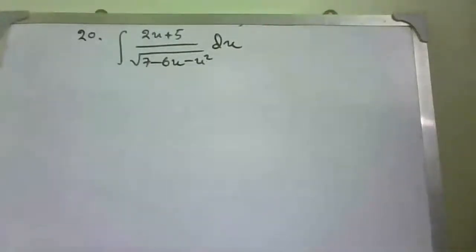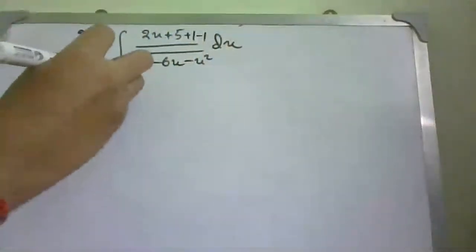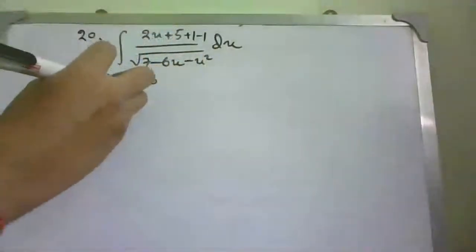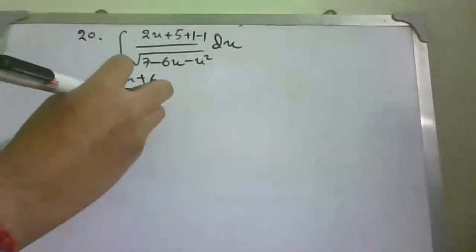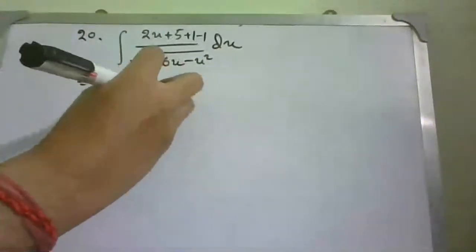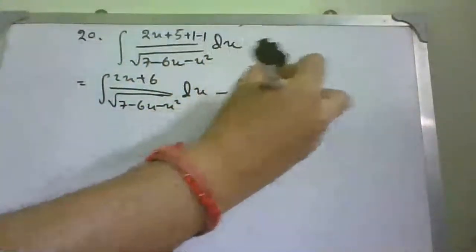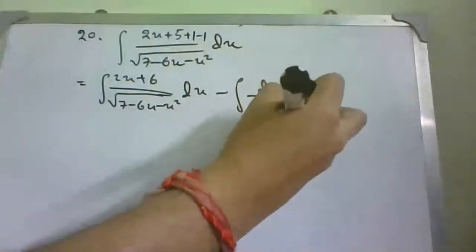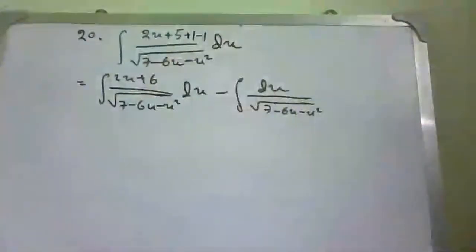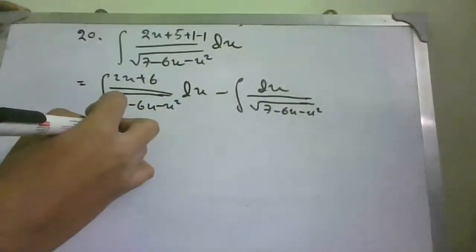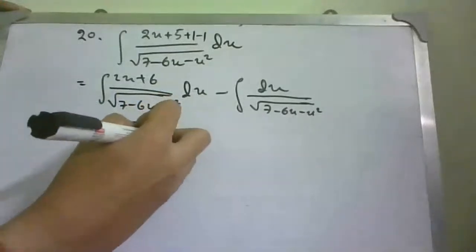Okay, what if this will be (2x plus 6) over root of (7 minus 6x minus x square)? This will be fine. So this is again minus 5 over root of (7 minus 6x minus x squared) dx.